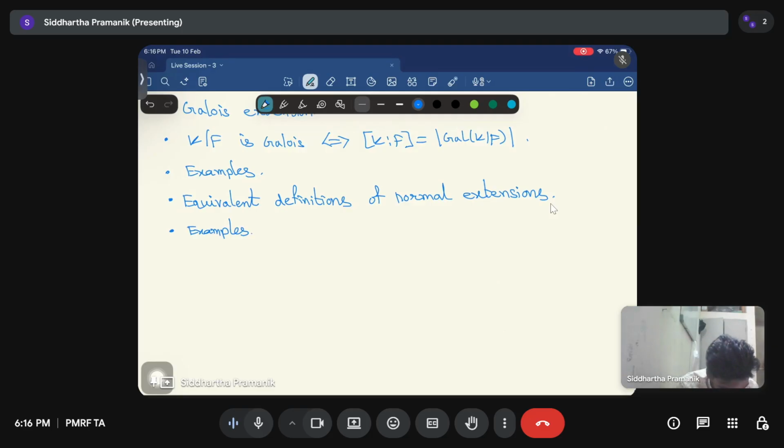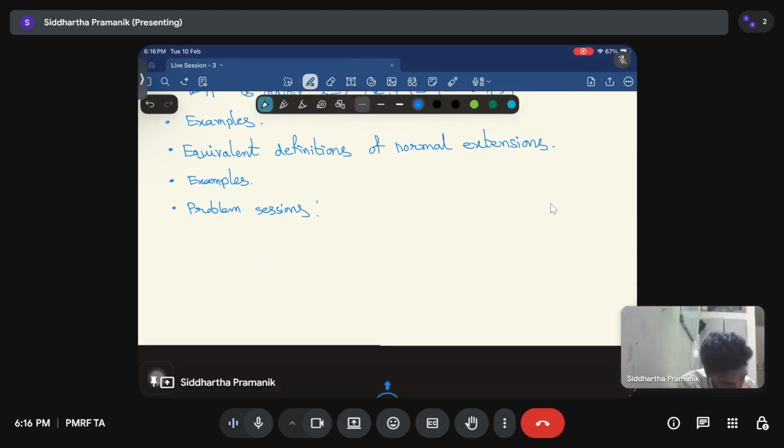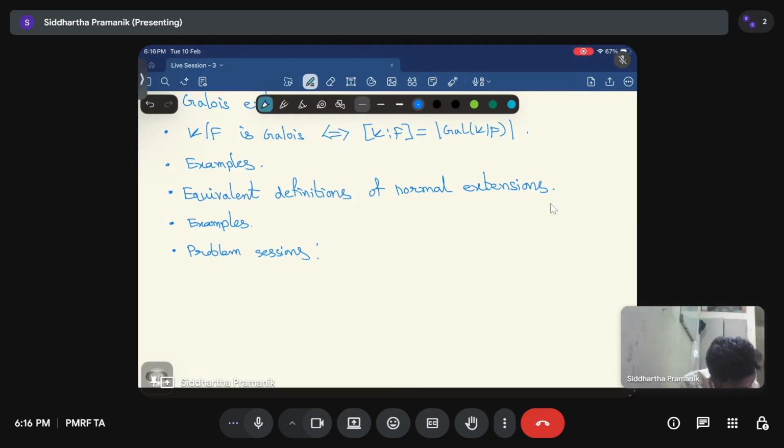Then we have some problem sessions in which we have seen some properties of normal extensions, like normal extensions need not be transitive and those things.